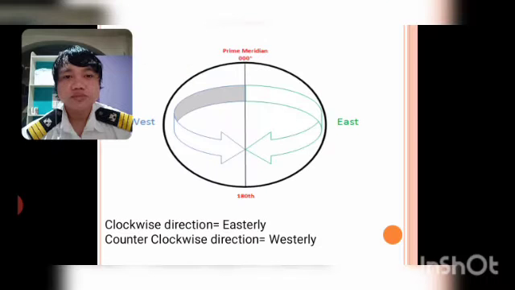Both arcs from the prime meridian have 180 degrees, because longitude, both east and west, is limited to 180 degrees. There's no such thing as 181 when it comes to longitude.